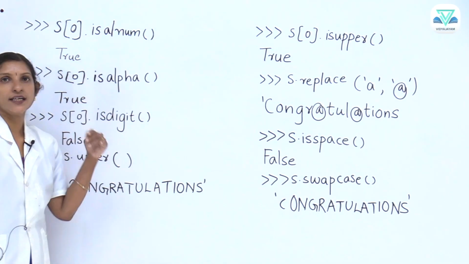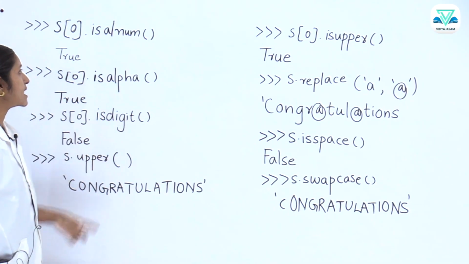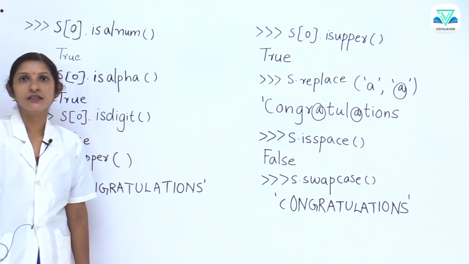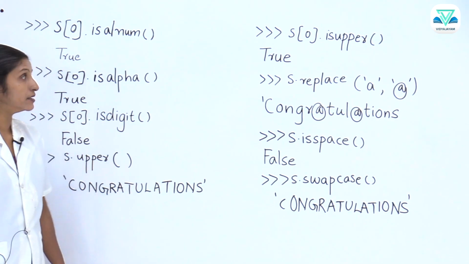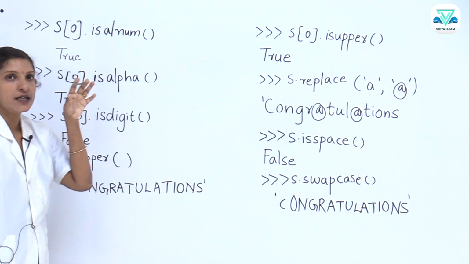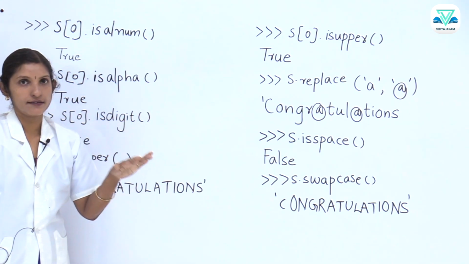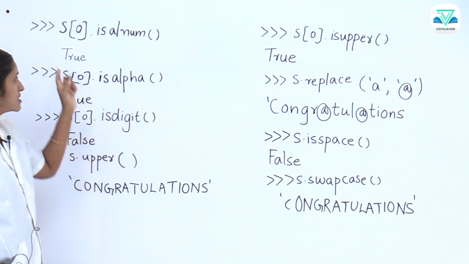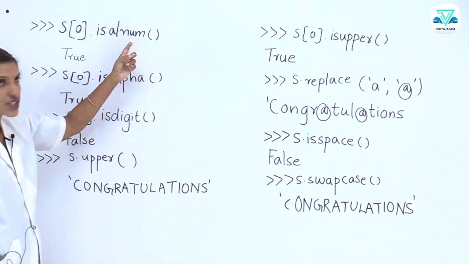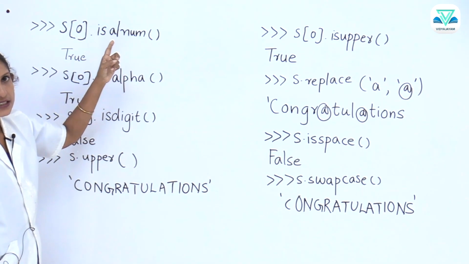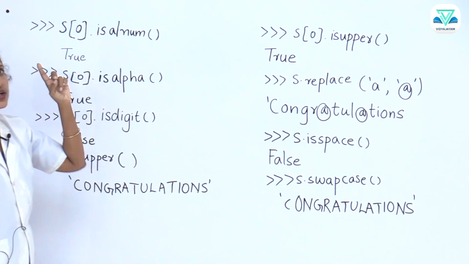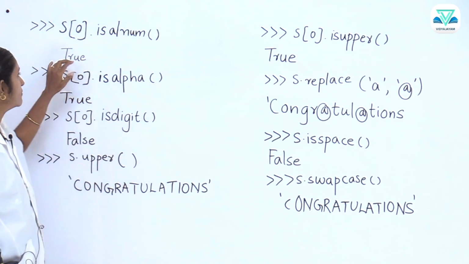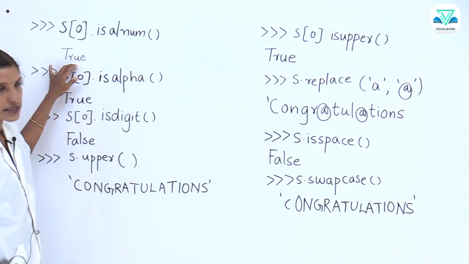The next function is s0.isalnum. We are checking whether it is an alphabet or a number, and s0 means the first index of the string. Remember, the first index always starts with 0. So s0.isalnum will check whether the particular letter we have given at index 0 is an alphabet or number, and we get the answer True if it is correct.